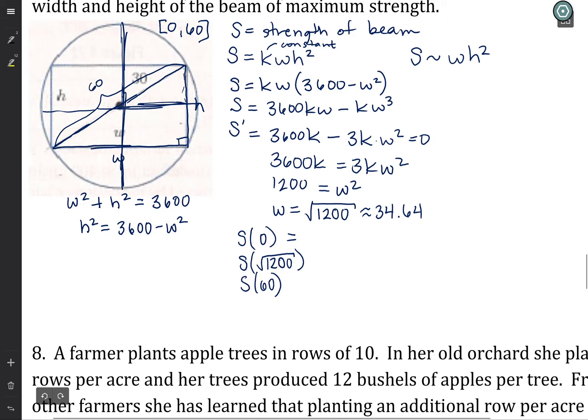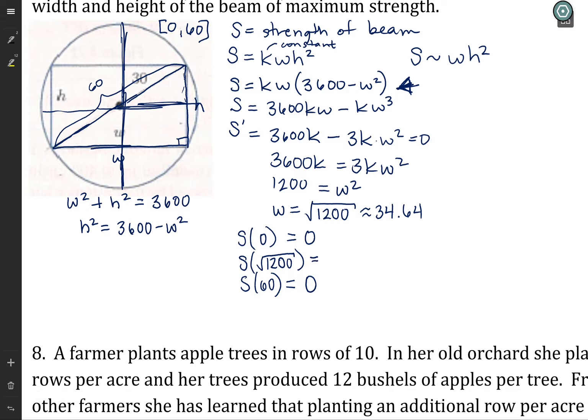These actually work out nicely if you go back to the factored form of your formula. If you plug in 0, you get k times 0 times 3600, which is 0. If you plug in 60, you get k times 60 times (3600 minus 60 squared), which is 0. Anything positive here would tell us it's a maximum.